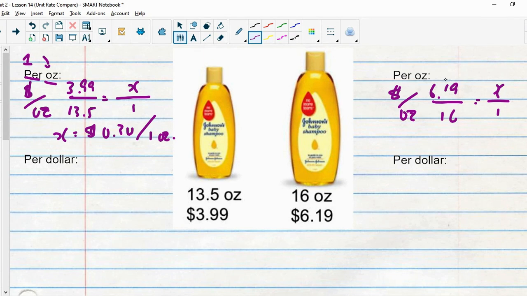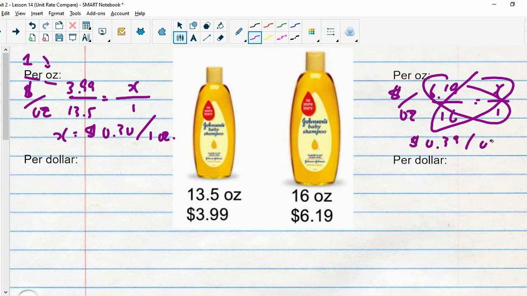Now, on this other hand, we have 6.19 divided by 16. What's that? That's 0.39. Okay. So what does 0.39 mean? 39 cents per ounce.